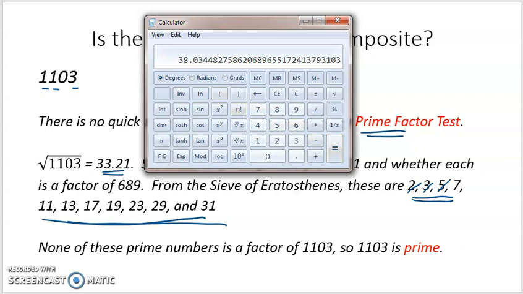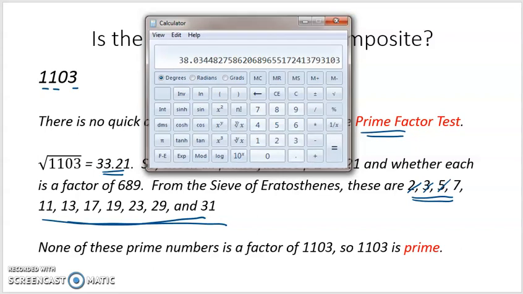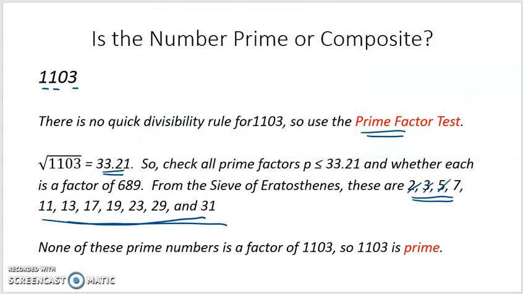It almost works, but not quite. It does not go into 1103 evenly. When you check every number on this list, none of these numbers divide 1103 evenly. So that says that 1103 is prime.